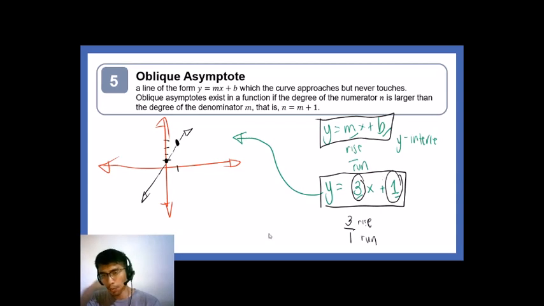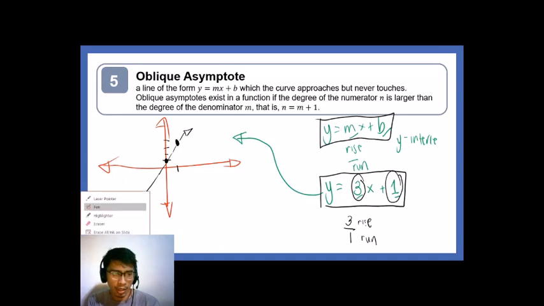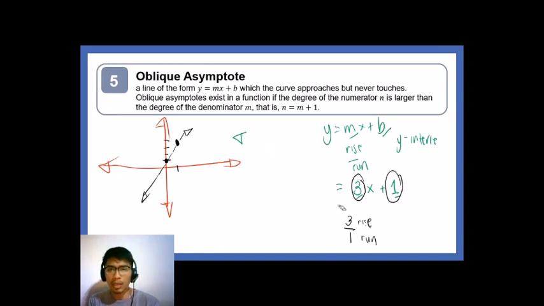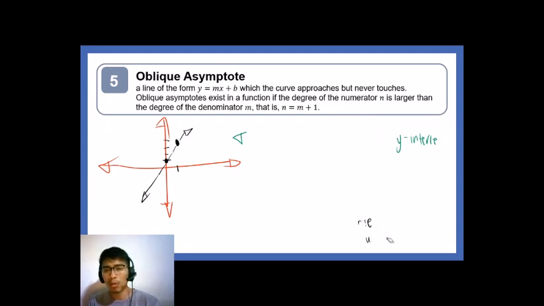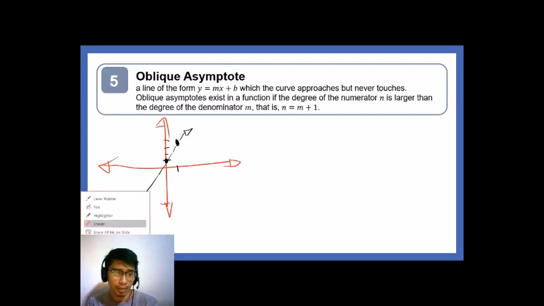Okay, so now, how am I going to consider if I will now deal with an oblique asymptote, ladies and gentlemen? You are dealing with an oblique asymptote if the degree of the numerator is greater than the degree of the denominator.